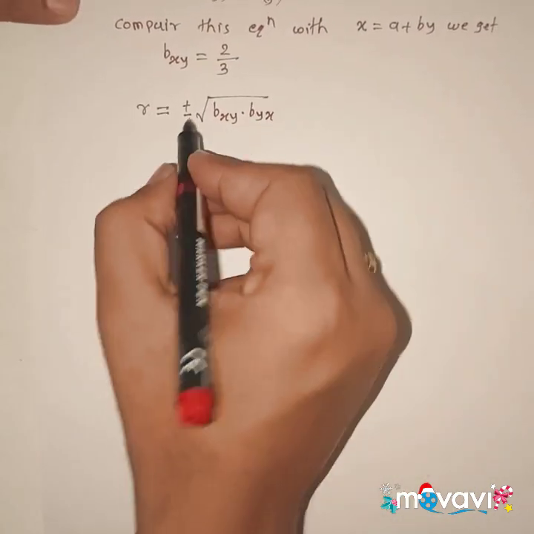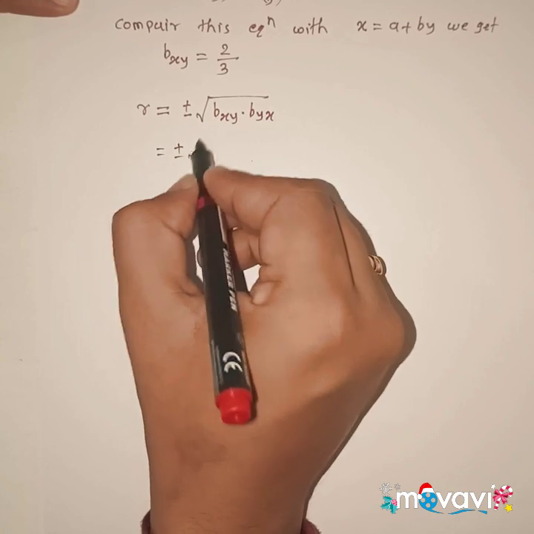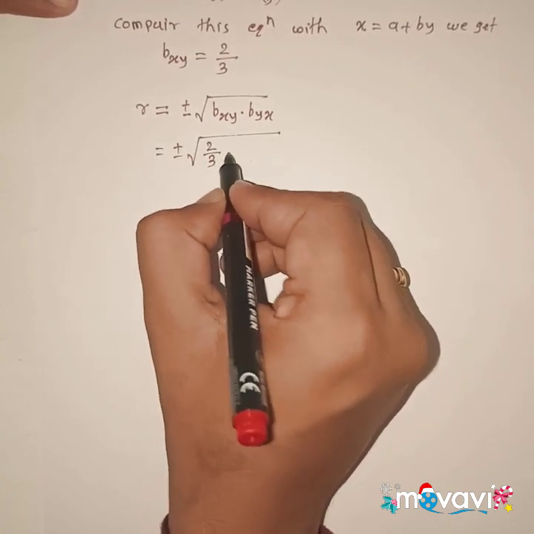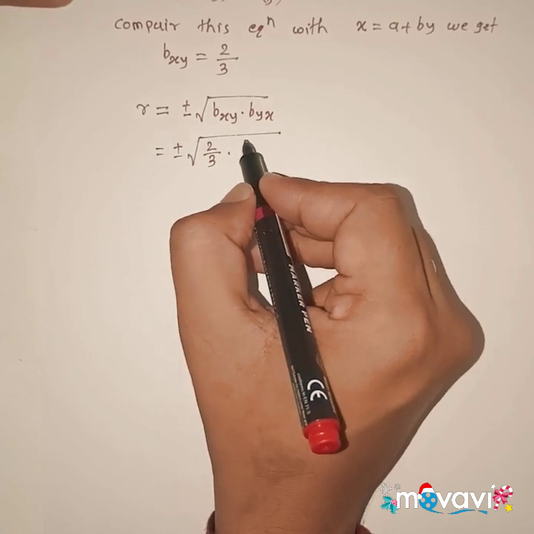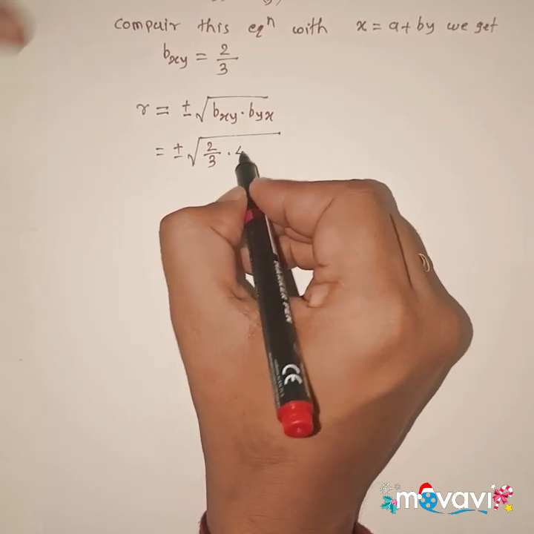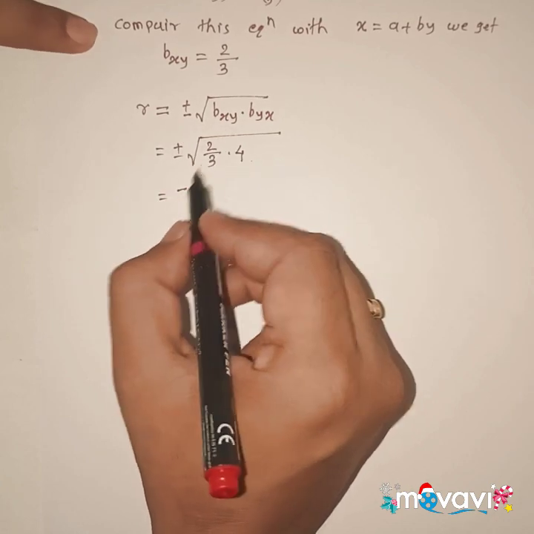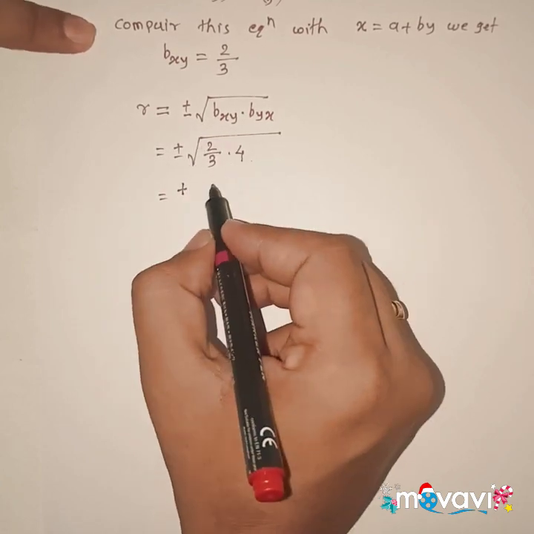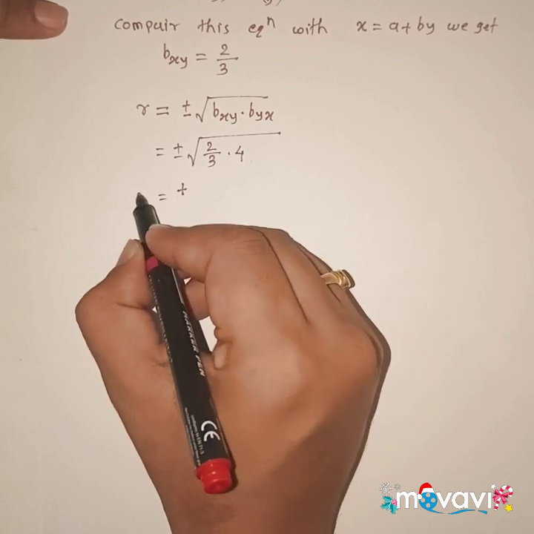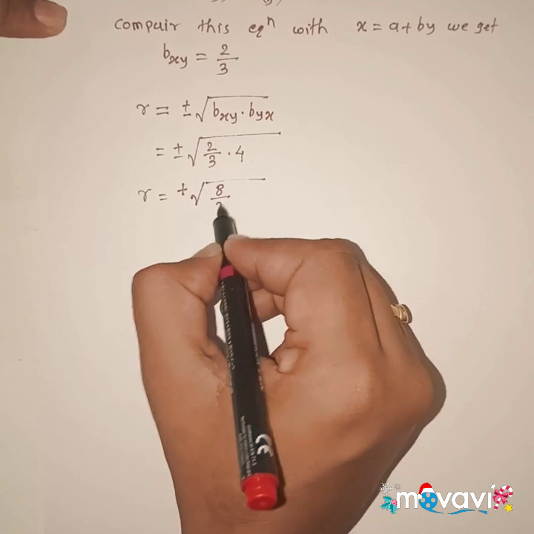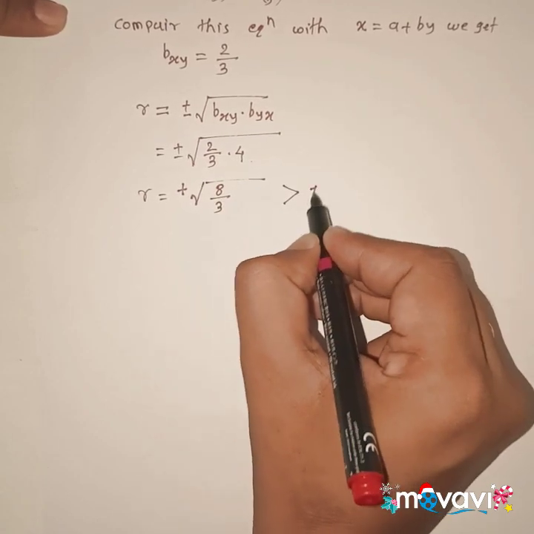So here Bxy is 2 upon 3 and Byx is 4. Both Bxy and Byx are positive, so the value of r is also positive. So plus square root of 8 upon 3, and we know that this value is greater than 1.